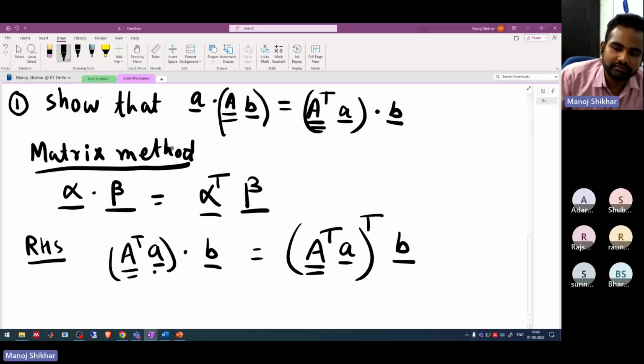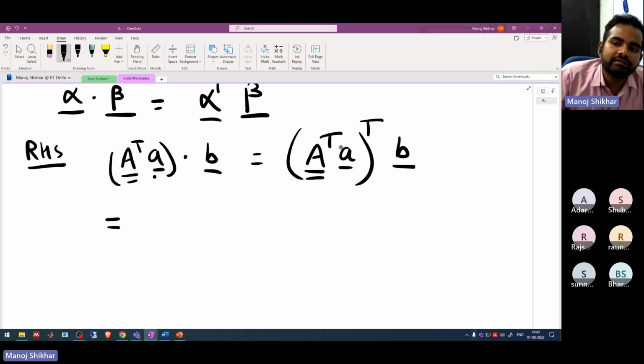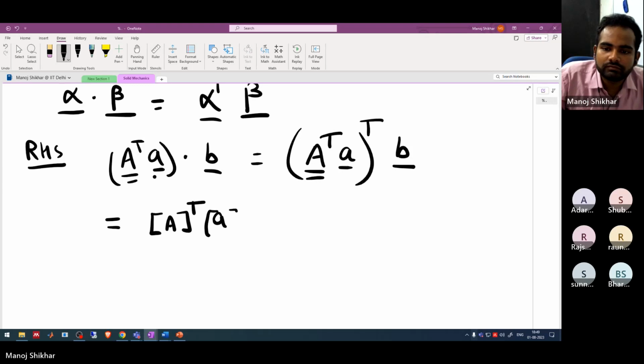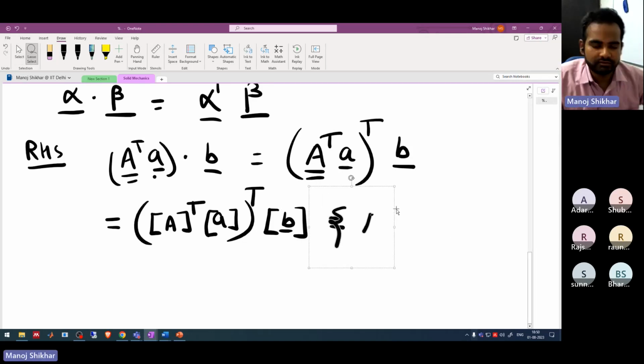We can write it like this. Then the product of a matrix with a vector, we can directly write in their matrix form, if you remember that. This whole thing transposed with B. I'm getting slight lag in my system.